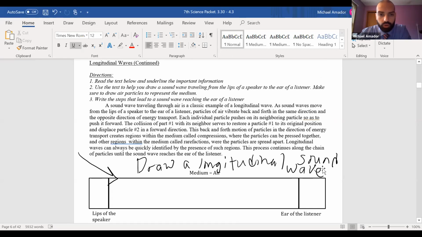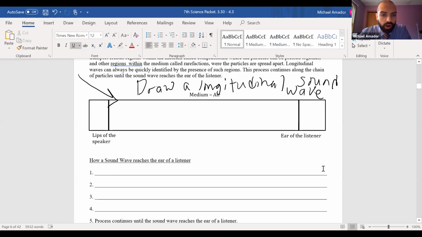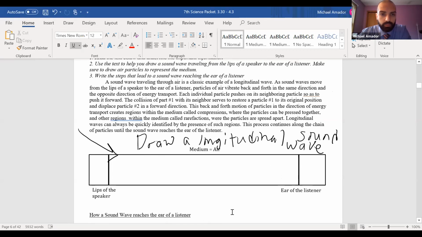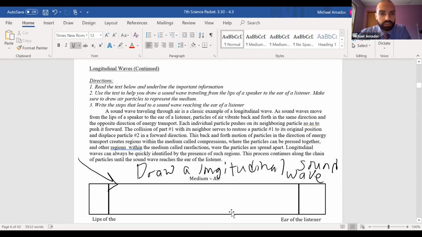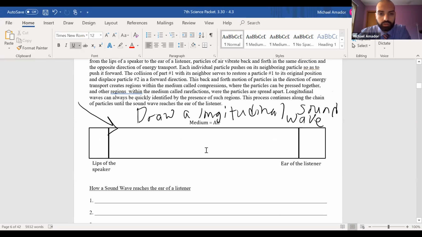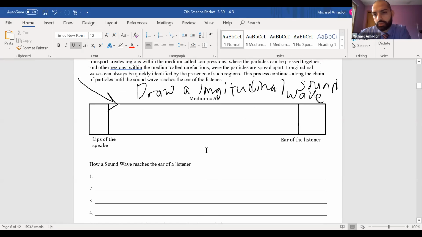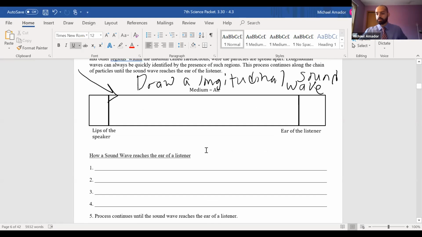And in that time also write the steps. If you follow the directions to completion, it says write the steps that lead to a sound wave reaching the ear. So underneath, just jot down a few of the steps. You don't have to have exactly 4 of them as long as you express the idea clearly.